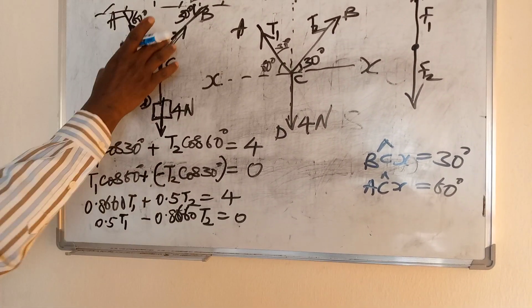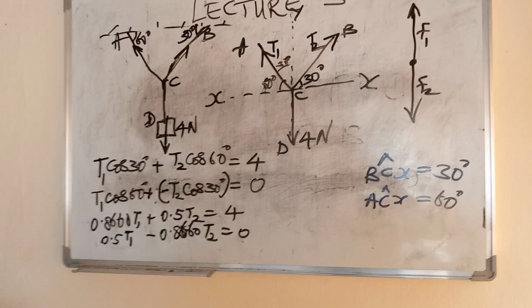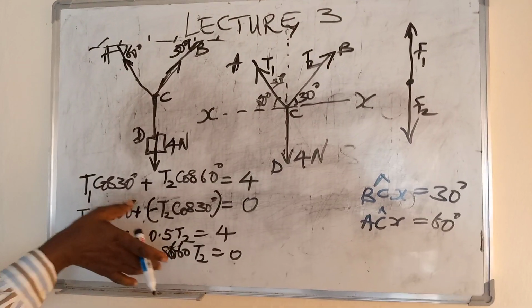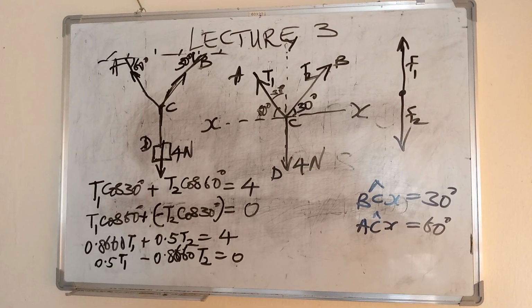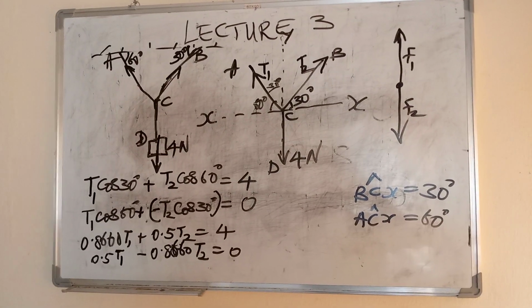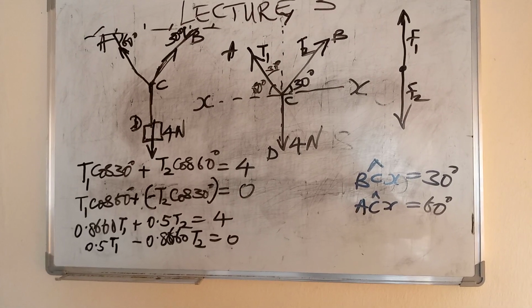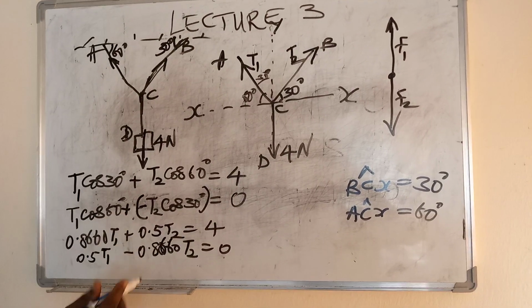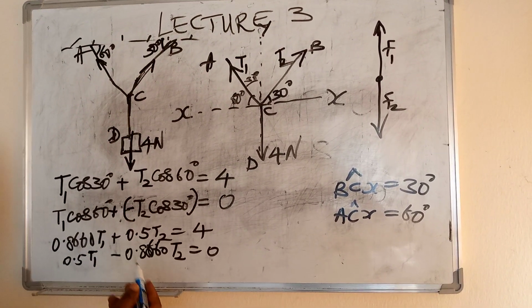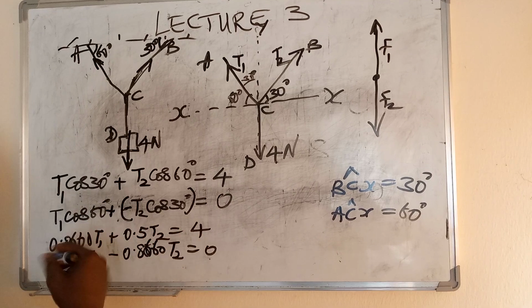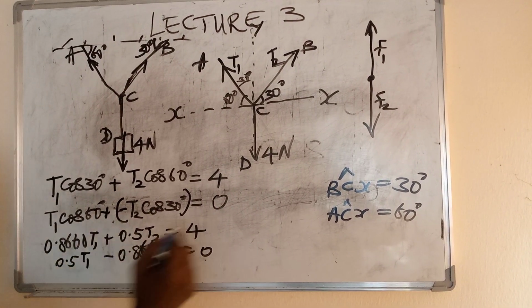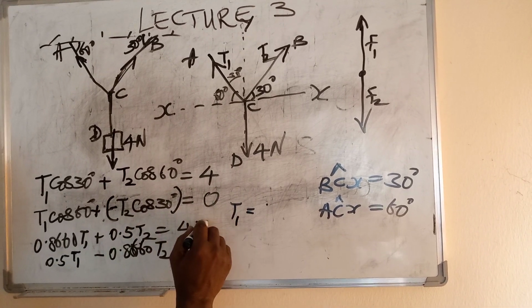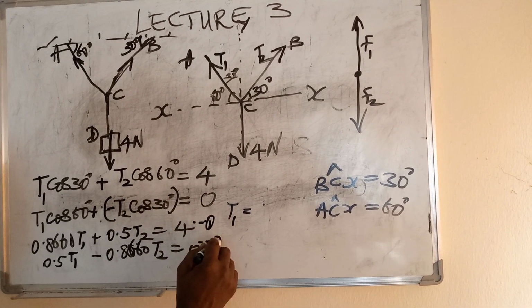With two equations and two unknowns, T1 and T2, the solution is simple. The simplest way to do it: let me make T1 the subject, in equation 1.